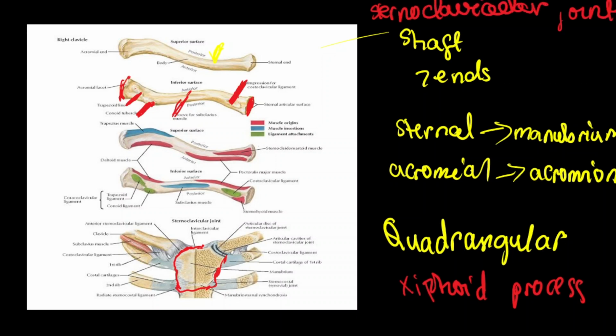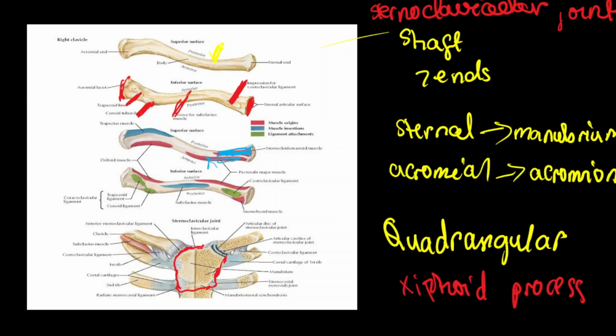Next would be considering the muscle attachment to the clavicle. And here we can see that we have attached to the clavicle the sternocleidomastoid muscle. Okay, it's attached on the superior surface of the clavicle. We can also see that we have the attachment for the pectoralis major muscle, and the surfaces indicated in red are muscle origins.